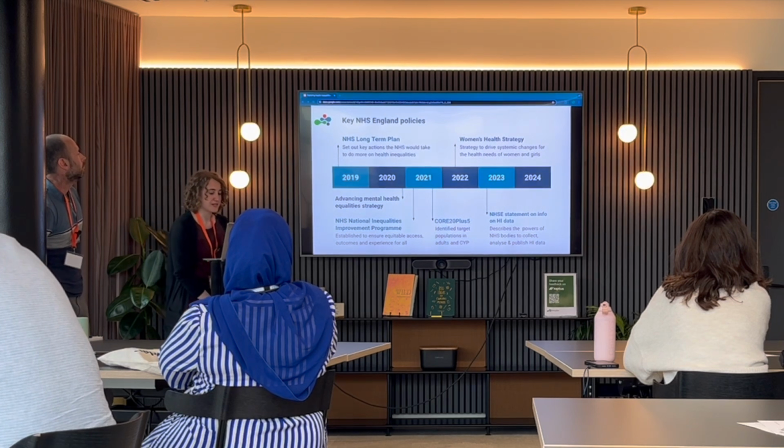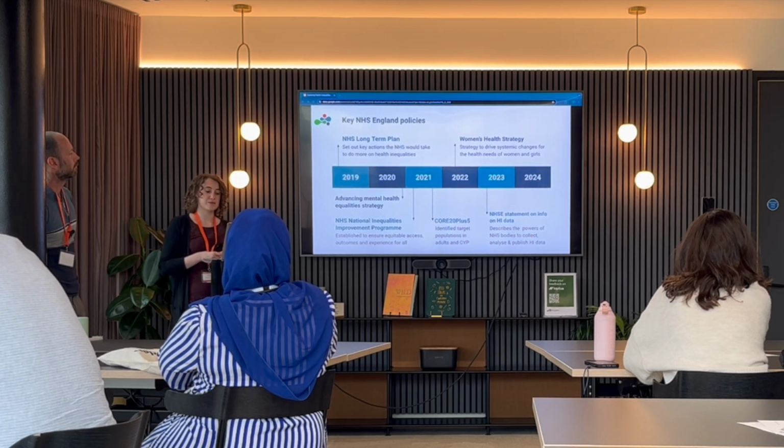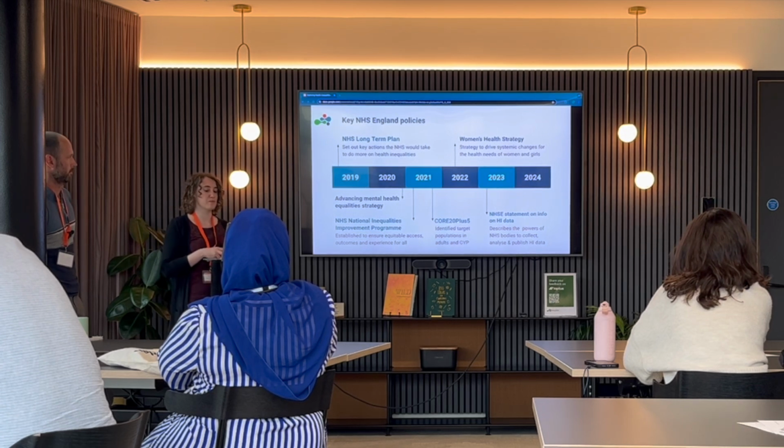Then in 2022, the Women's Health Strategy set out a 6-point plan by which over the next 10 years will radically improve the outcomes for and the way in which the health and care system engages and listens to all women and girls. And then in 2023, the NHSE Statement on Information for Health Inequalities Data gave a statement standardising the approach for collecting, analysing and publishing information on health inequalities by specifying a key set of data indicators that trusts and ICBs are expected to monitor and report on within their annual reports.